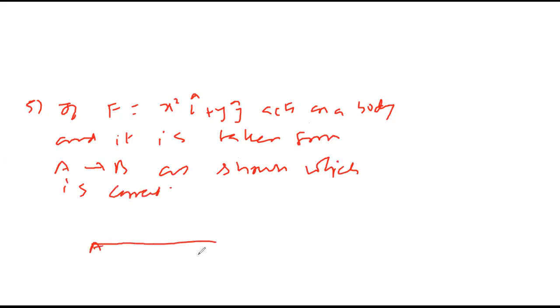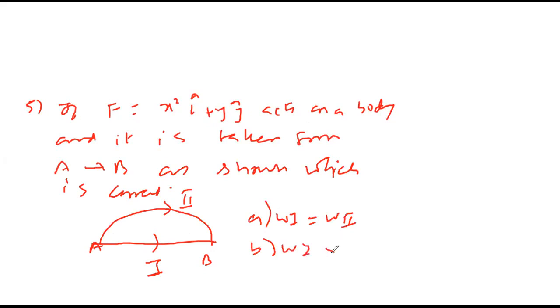So it is taken from A to B along this path, and A to B along the second path. Then is work done in first same as second? Work done in first is not equal to work done in second. Work done in first is greater than that of second. Work done in second is greater than work done in first.